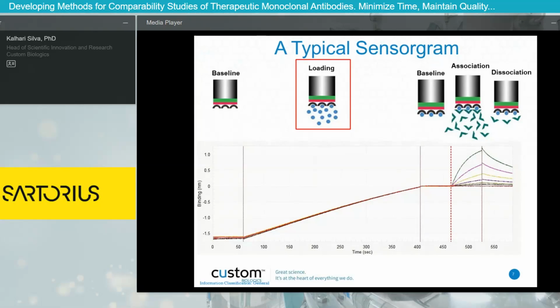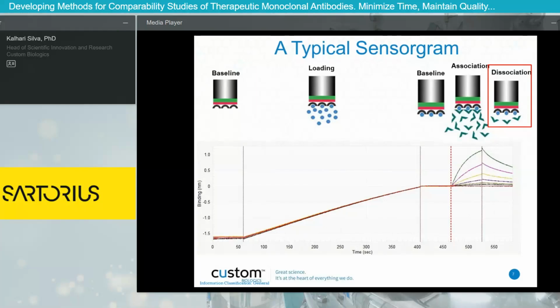Then again, this is baselined by incubating the biolayer back in our buffer of choice before being transferred to analytes in a series of concentrations free in solution. Dissociation of the complex is then measured by transferring the biolayer back into the buffer.